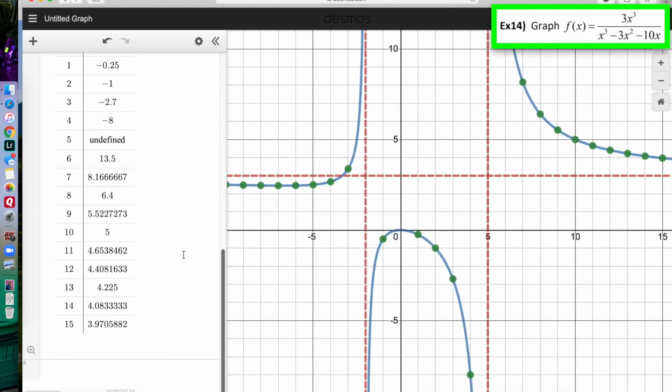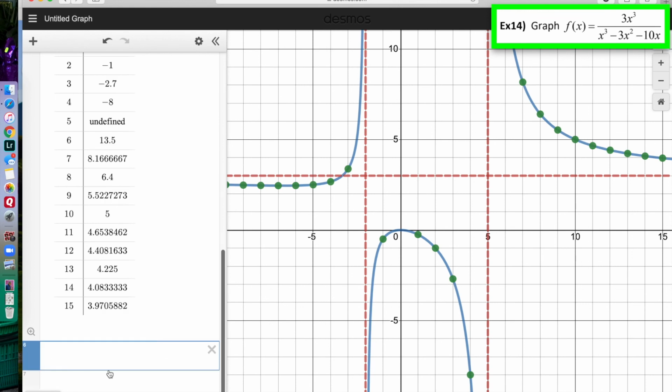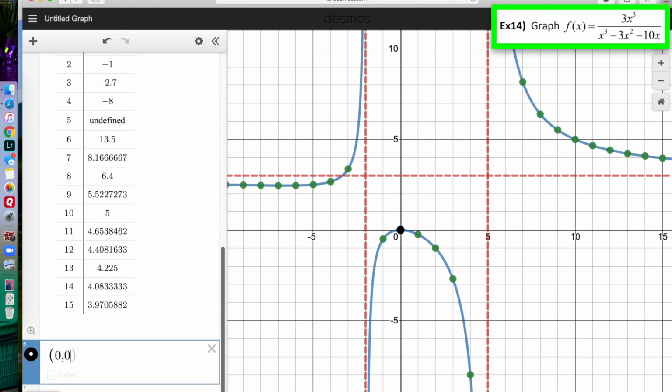You don't have to, and it doesn't make sense to do it, but you literally type parentheses 0, comma 0. You know that you have to compute this algebraically. There's no possible way to find the x and y values of the hole, especially the y value, just by looking at the graph. So you have to do some algebraic computation.